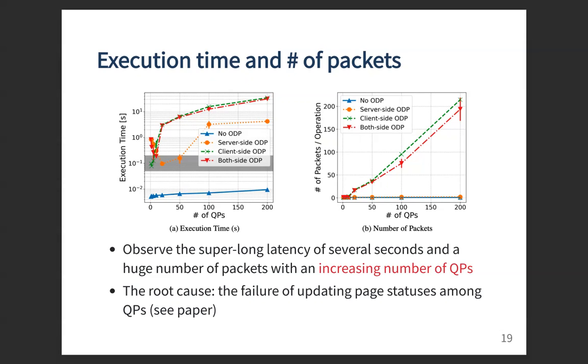At the same time, you can see the number of packets increases as the number of queue pairs increases. This increase in packets is caused by retransmission, and with our detailed analysis, we identified that the root cause is a failure of updating page statuses among queue pairs. I won't explain so much here, so if you are interested, please see our paper.